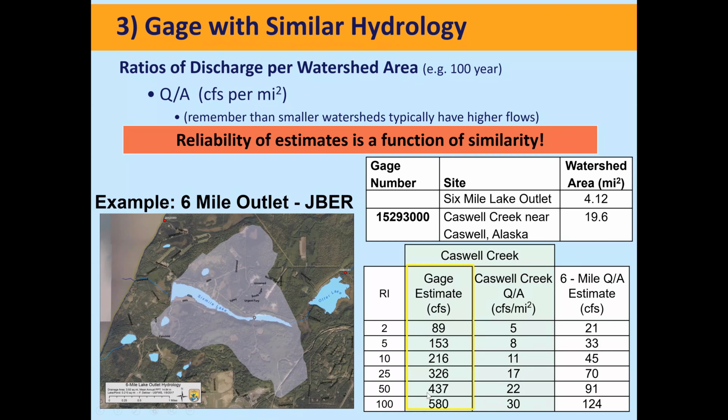So that's, based on the 25 years of peak flow data for Caswell Creek, the 100-year flood is coming out to 580 cubic feet per second. And then you would divide the discharge in each of those intervals by the area to come up with how much cubic feet per second comes out per square mile, and then just multiply that by your watershed area of concern to come up with an estimate there. And just a caveat here, this is only one of multiple methods I looked at to try to come up with a design flow. But this is a useful tool.